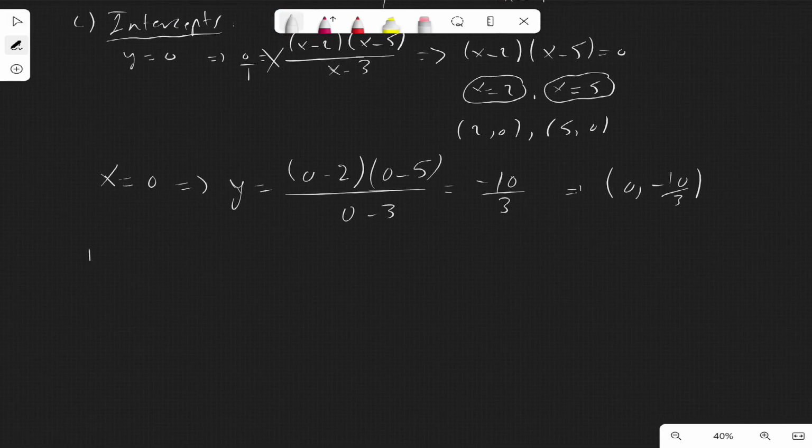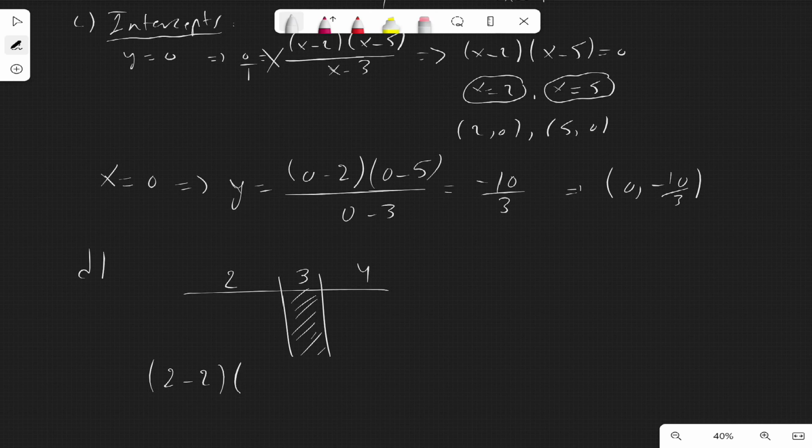We're going to take special points. The vertical asymptote is here, x equal 3. One point to the left, one point to the right. Replace to find y: 2 minus 2 times 2 minus 5 divided by 2 minus 3, which is 0.